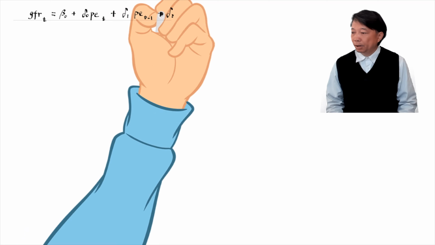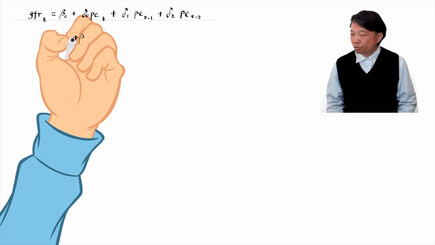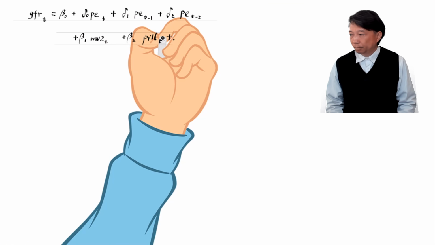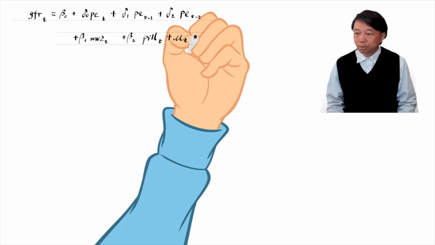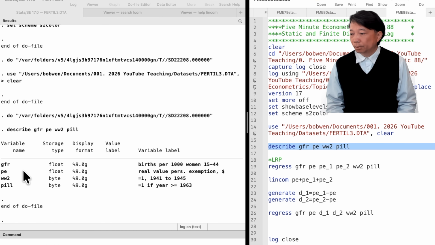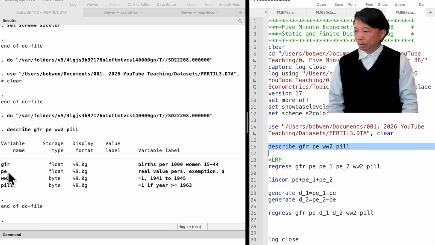For example, this model uses different variables to explain the general fertility rate, the number of children born to every 1,000 women of childbearing age. These variables include the average real dollar value of the personal tax exemption, whether it occurred during World War II, and whether it occurred after the birth control pill became available.